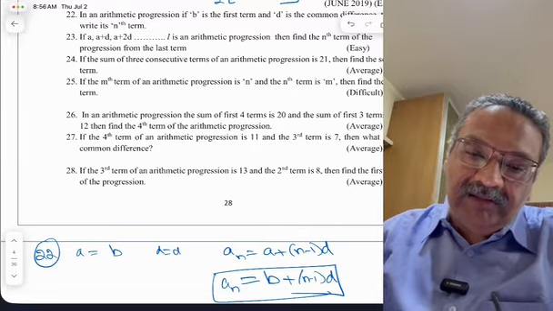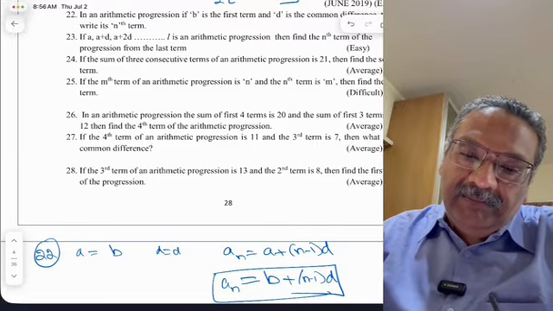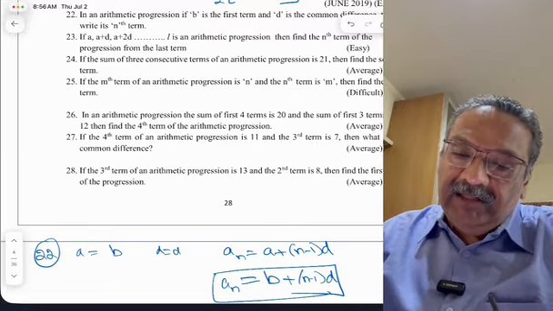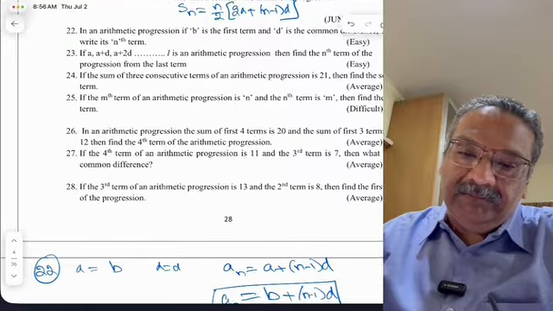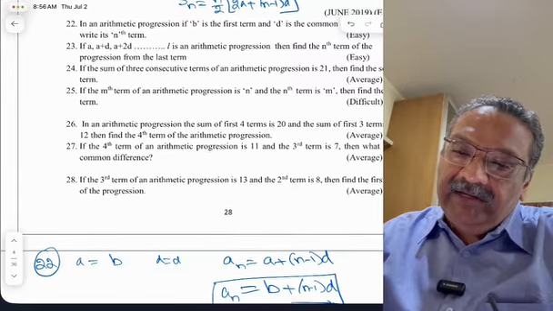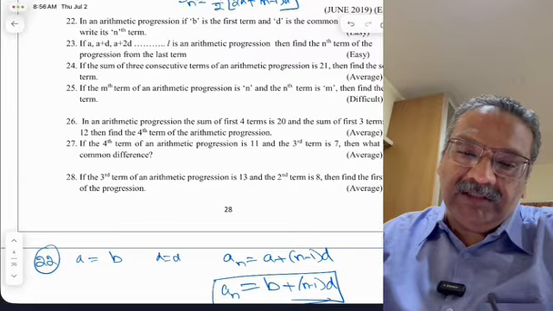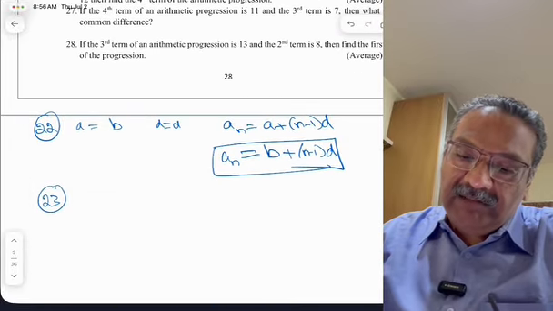Next question, 23rd. If A, A plus D, A plus 2D till L is an arithmetic progression, then find the nth term of the progression from the last term. What they are saying, find the nth term of the progression from the last term. So last term is given.